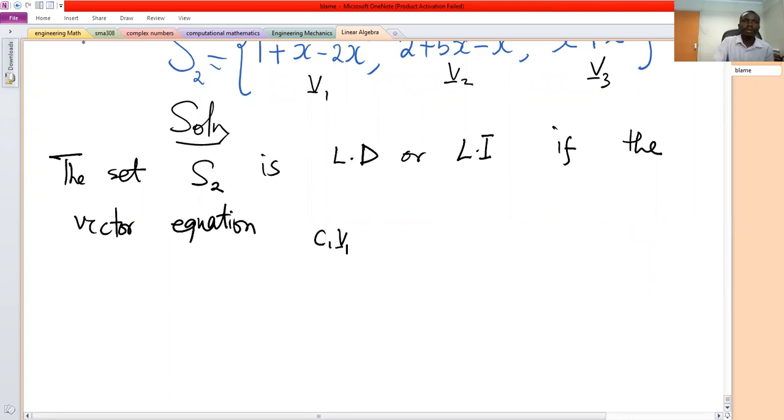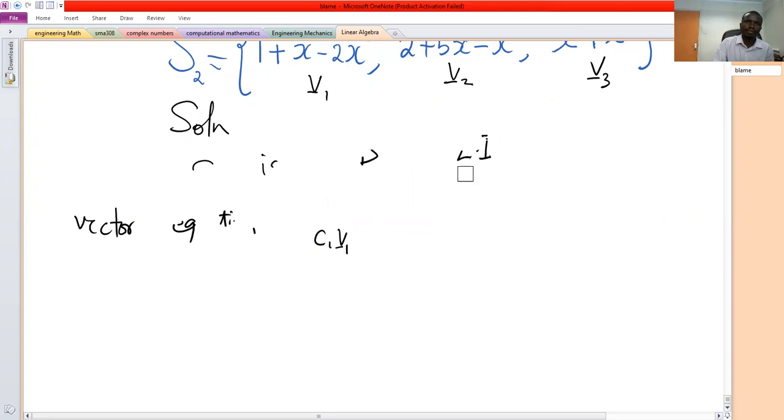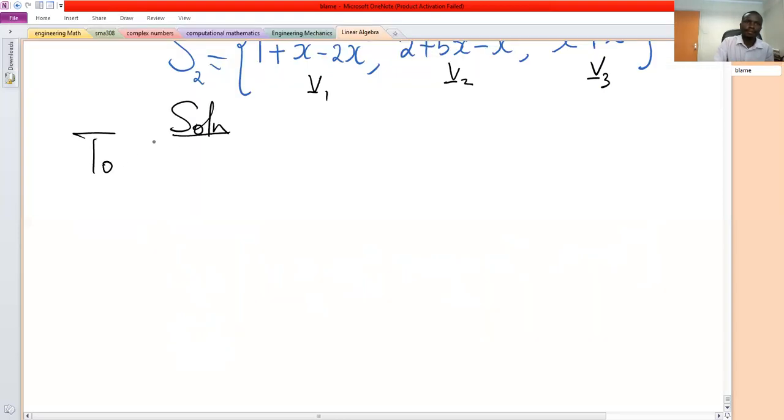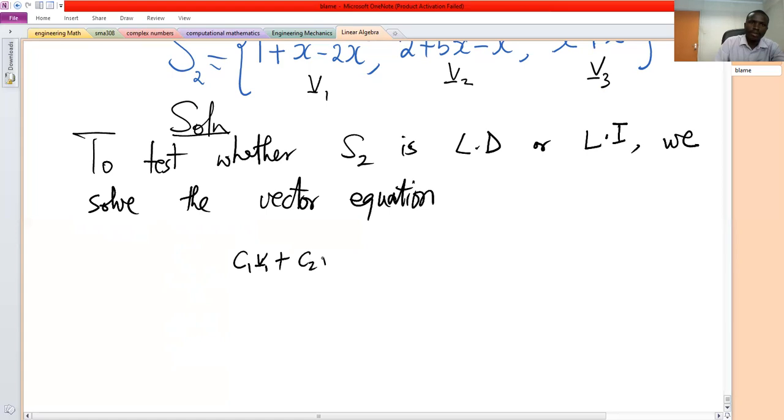To test whether S2 is linearly dependent or linearly independent, we solve the vector equation C1 V1 plus C2 V2 plus C3 V3 equals 0.